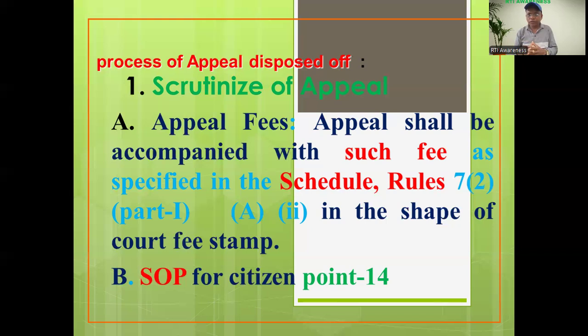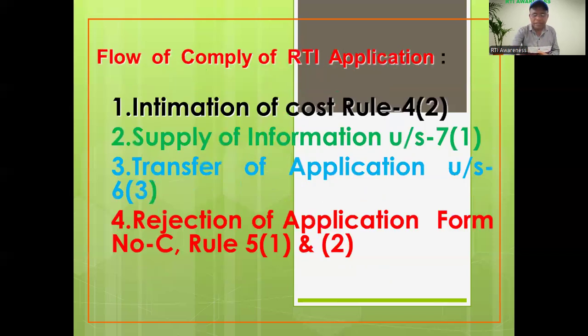Later on we shall have a point on that. It is given in the SOP for citizens, point number 14, that whenever a citizen lodges an RTI appeal to the first appellate authority, if it is online, he may do the 20 rupees e-payment, or if it is physical, he has to attach the court stamp fee of 20 rupees. Then the flow of compliance of an RTI application.